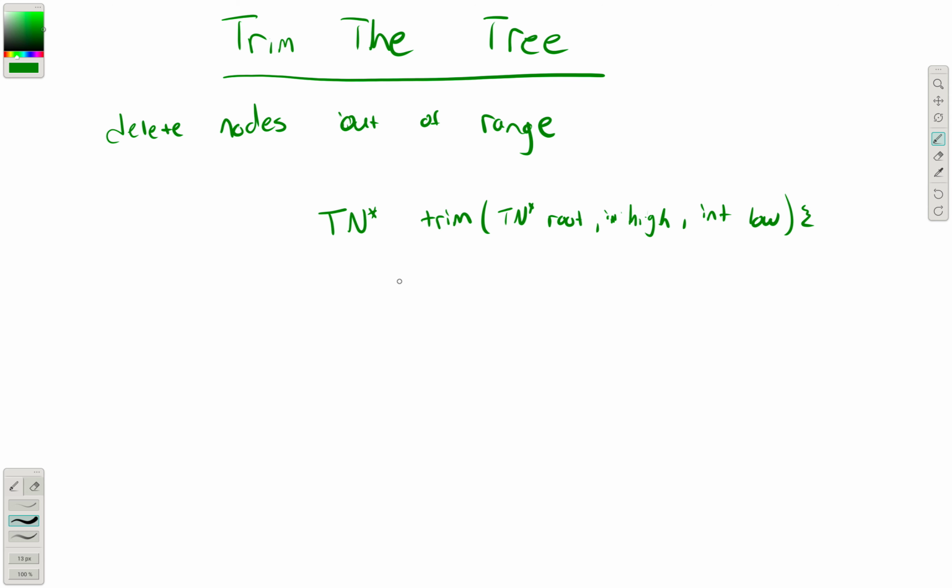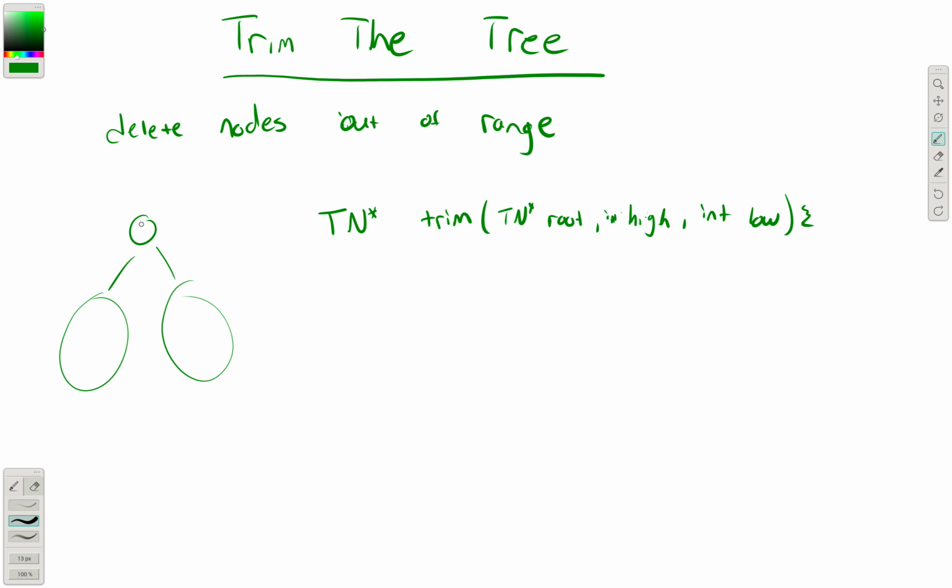The reason why this is a lot easier is if you're at the root, like if you have a tree like this, and then a whole big subtree here, whole big subtree here.